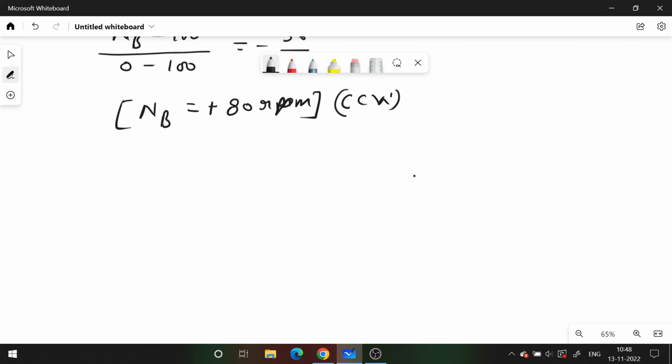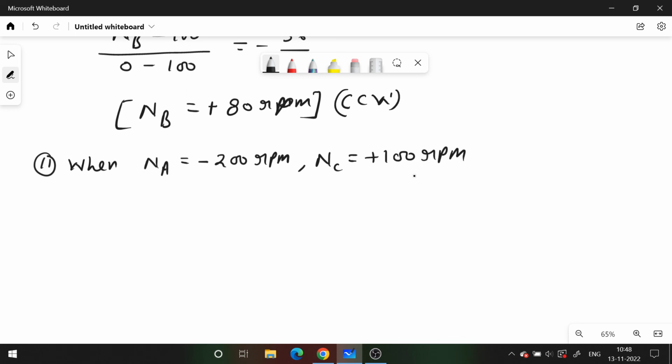And for the second case, when gear A rotates in clockwise direction with 200 rpm and arm C rotates in counterclockwise direction with 100 rpm, then NB minus 100 upon minus 200 minus 100 is equal to minus 36 by 45.